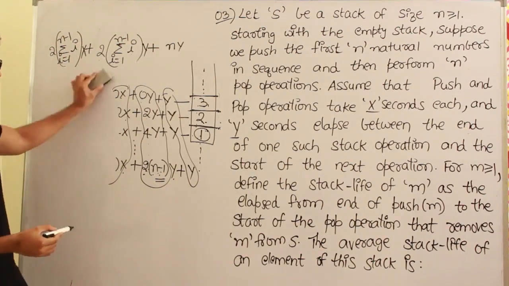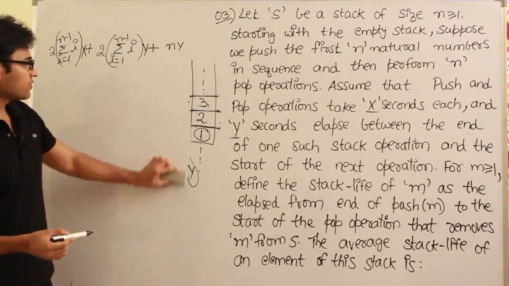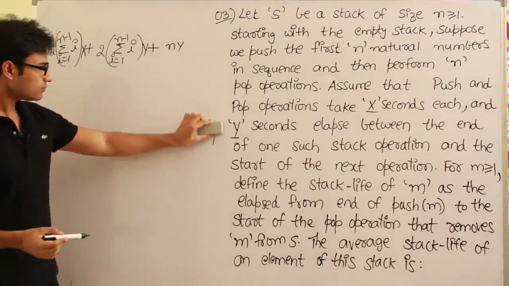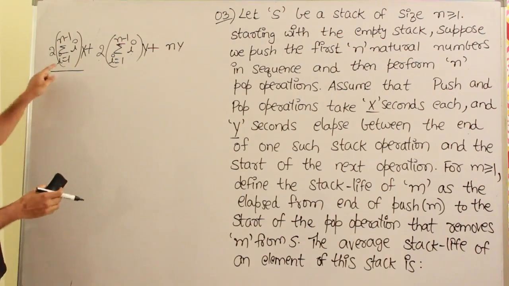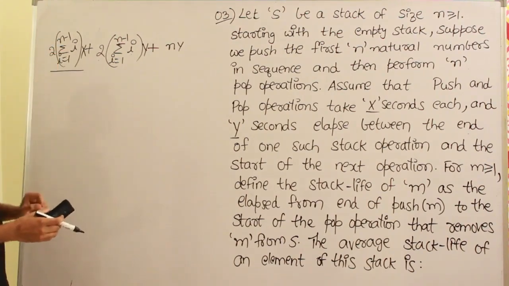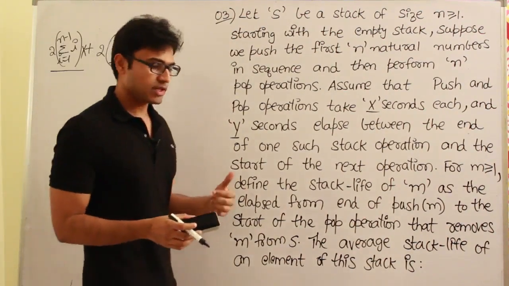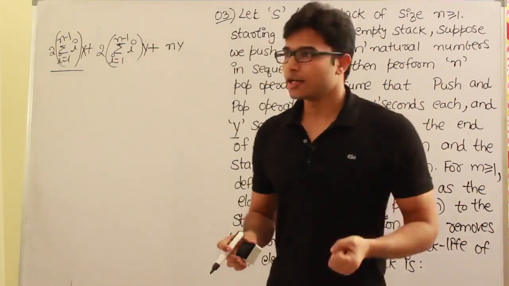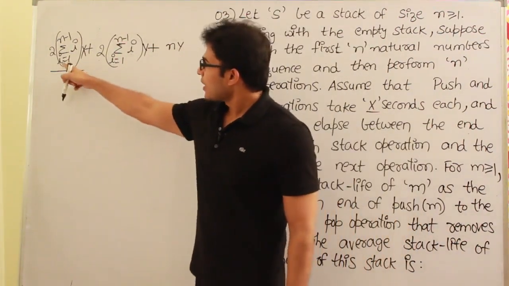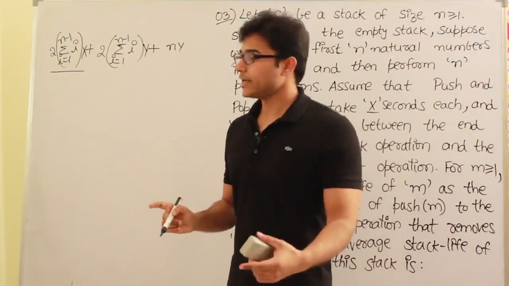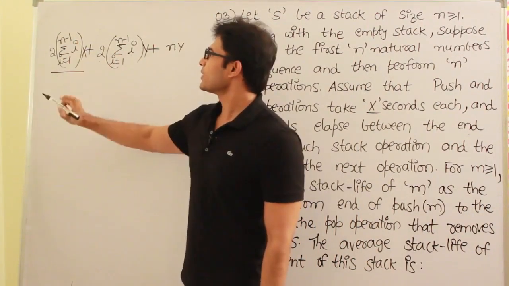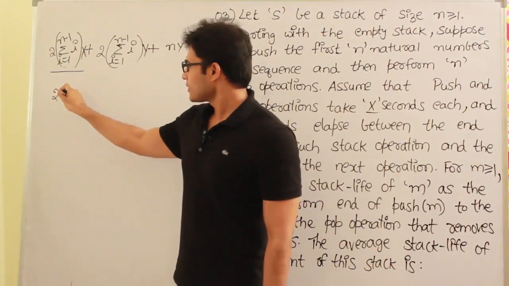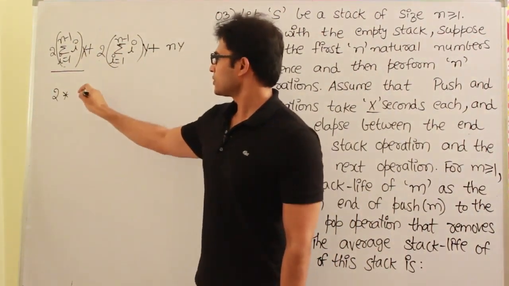So we can write like this, and now we can expand it and find the answer. Now watch this. So what is this factor? Sigma i equal to 1 to n minus 1 i. That is nothing but the sum of first n minus 1 natural numbers, isn't it? So now what is the sum of first n minus 1 natural numbers?